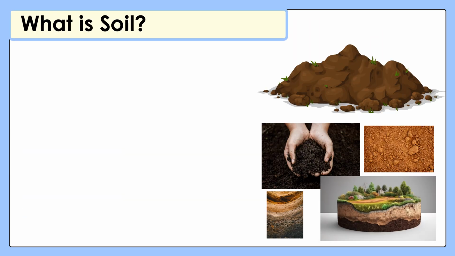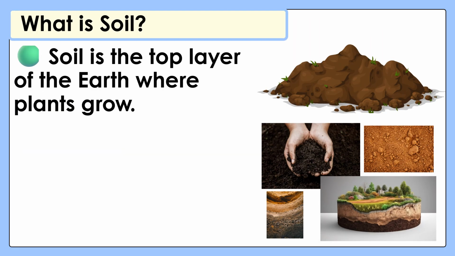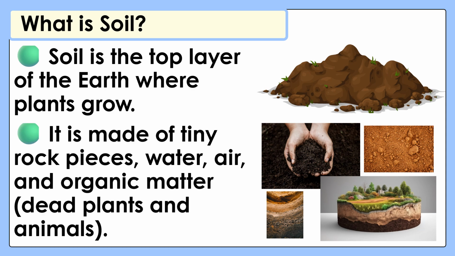What is soil? Soil is the top layer of the earth where plants grow. It is made of tiny rock pieces, water, air, and organic matter from dead plants and animals.